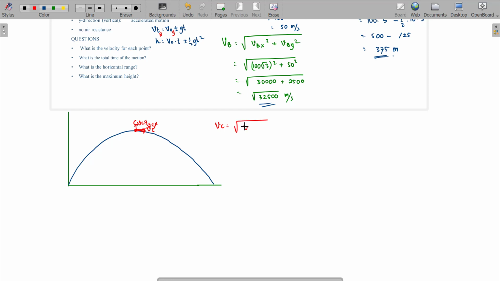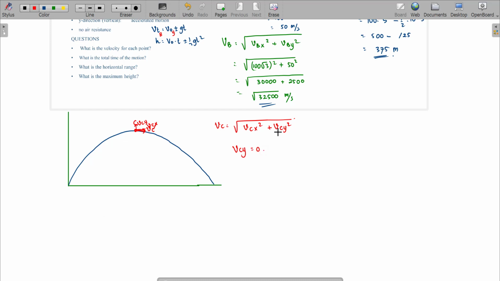VC equals the square root of VCx square plus VCy square, because this is the maximum height or the peak position. Remember, at the highest position, the velocity in the y-axis is 0.